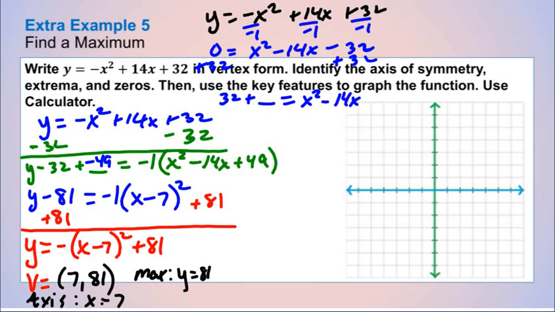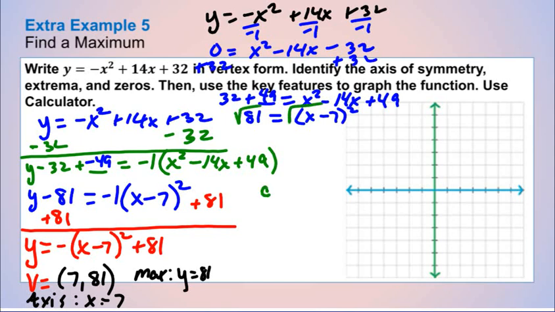Half of negative 14 is negative 7. Negative 7 squared is 49, so positive 49. So I'm going to add 49 to both sides. And now I'm left with 32 plus 49, which is 81, equaling the perfect square x minus 7 squared. So to undo it, find the square root of both sides.